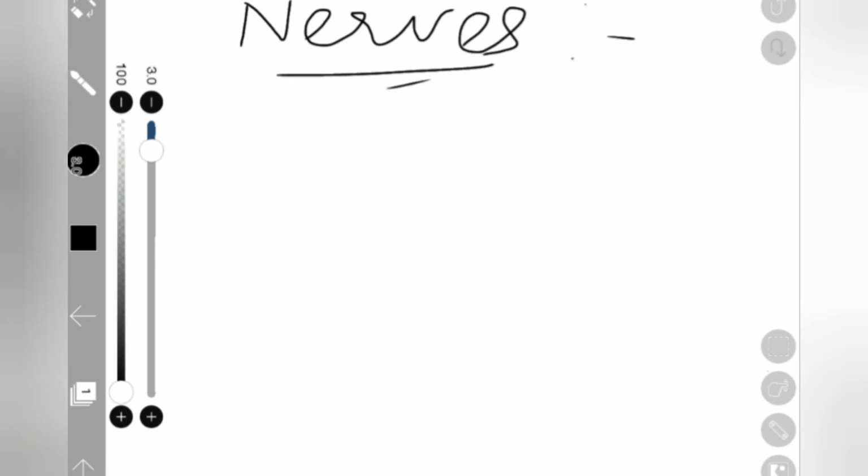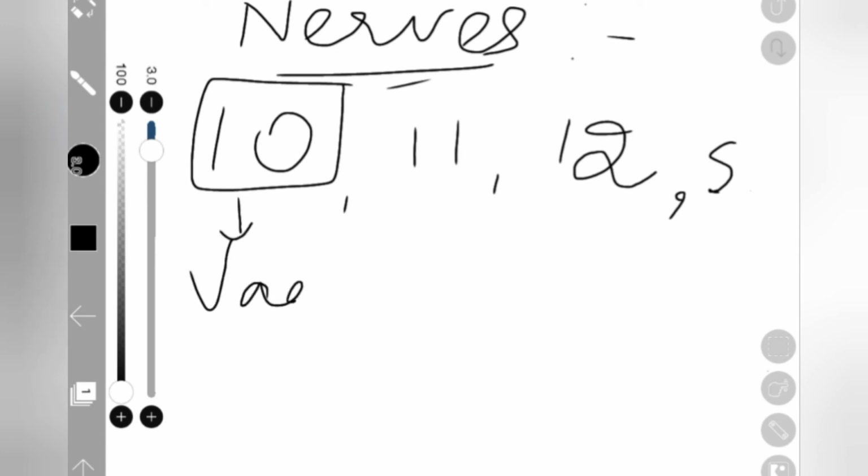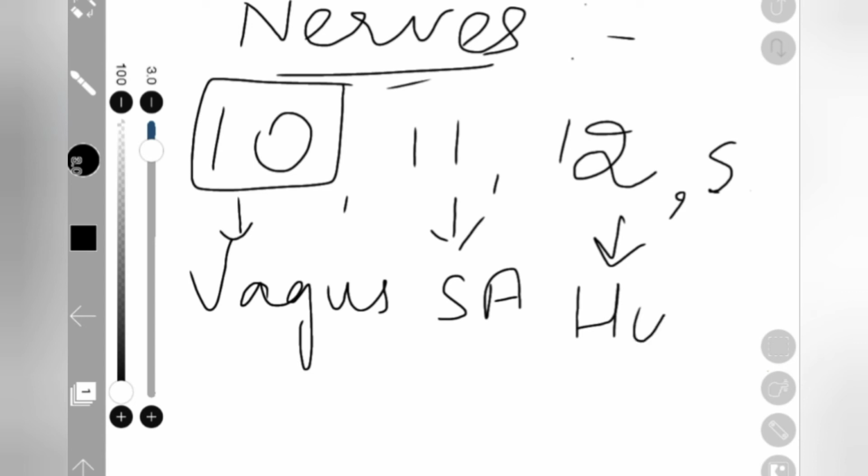And the nerves. The nerves are the 10th, 11th, and the 12th cranial nerves. Along with this, you have the sympathetic chain. The 10th cranial nerve is your vagus nerve. The 11th cranial nerve is the spinal accessory nerve. The 12th cranial nerve is the hypoglossal nerve.